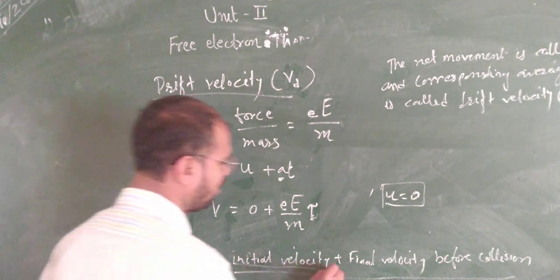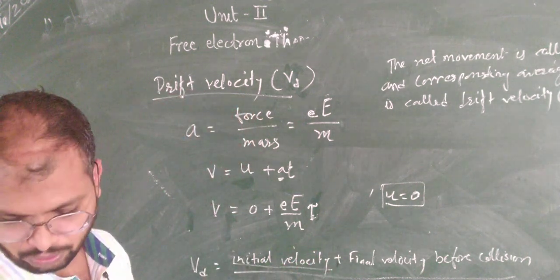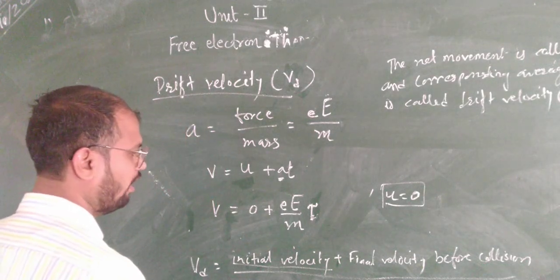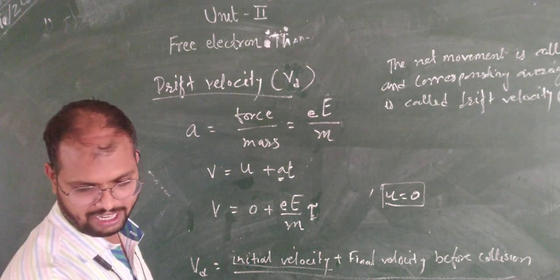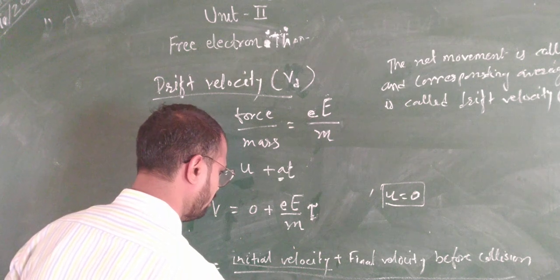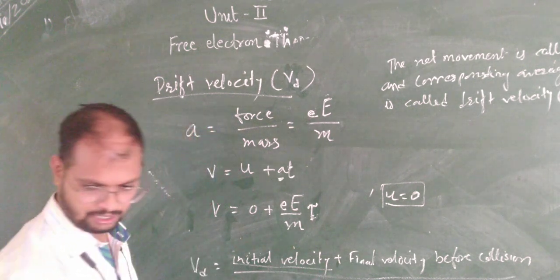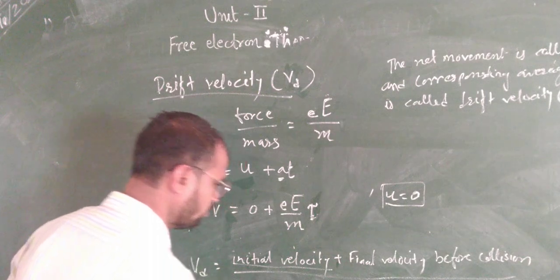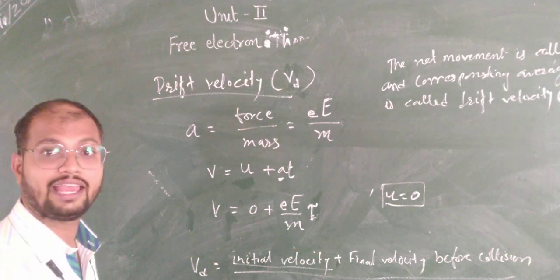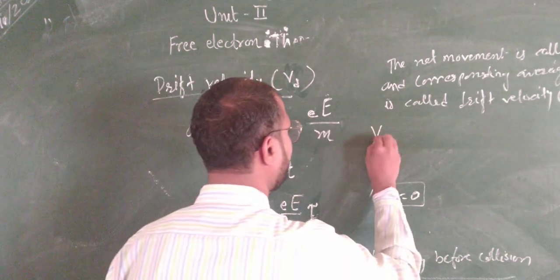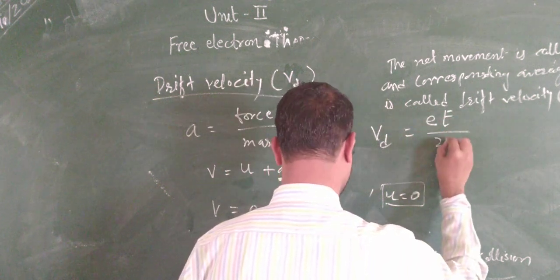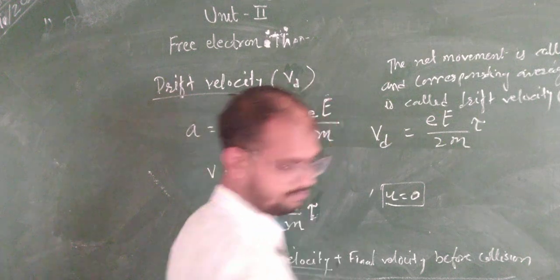So initial velocity is equal to 0 and final velocity before collision is eE upon m into tau, divided by 2. Okay, so the final drift velocity Vd is represented as Vd is equal to eE upon 2m into tau.